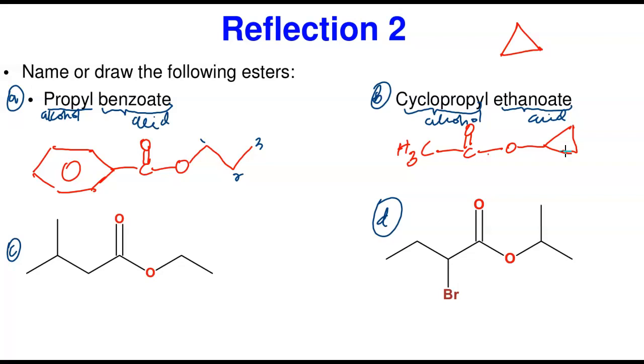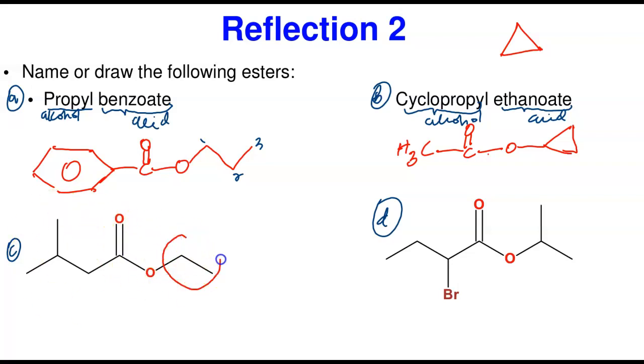Now the last two says, name the following. We're going to name it because the structures are already there. Again, we count. Now, usually I don't test you with these ones that has an attachment. But to name it is very easy. Do you know what you do first? In every case, you have to name the part that is contributed by the alcohol first. So the part that is contributed by the alcohol, of course, if you see this is from the acid.